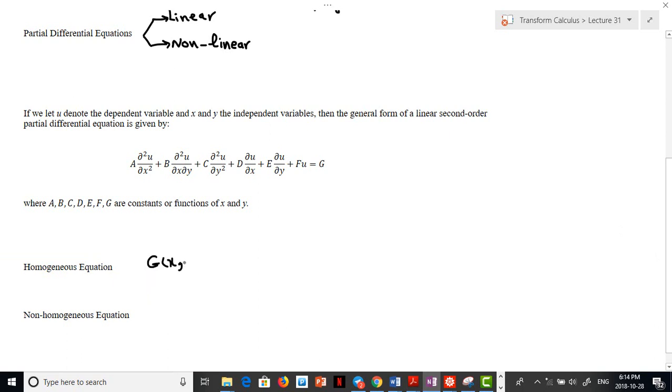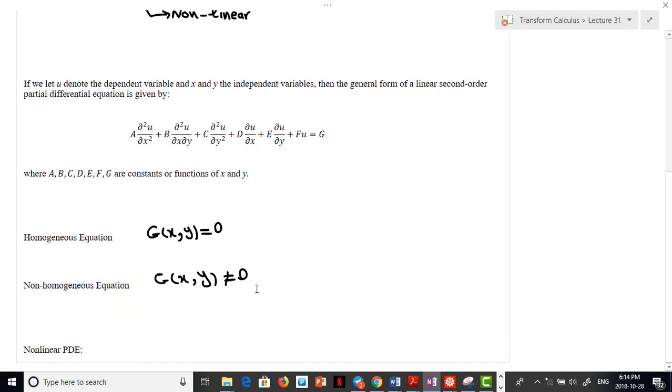If g of x and y is equal to 0, we call this equation a homogeneous equation. And if g of x and y is not equal to 0, this equation is a non-homogeneous equation. So that's about linear second order partial differential equations.